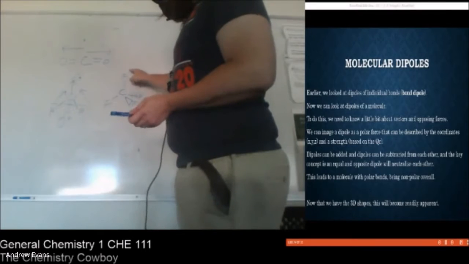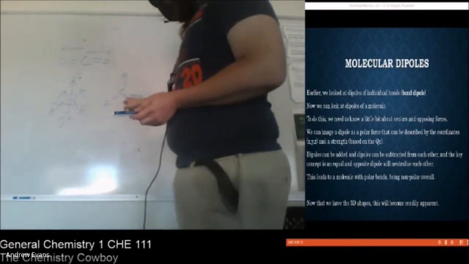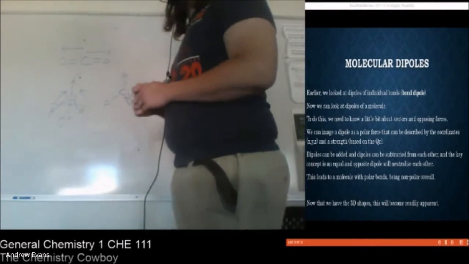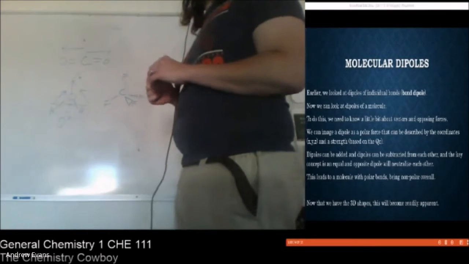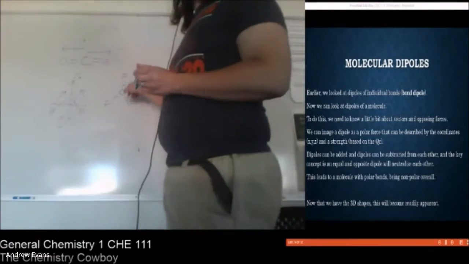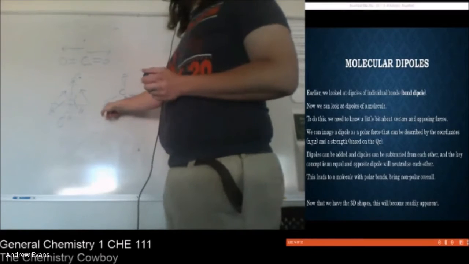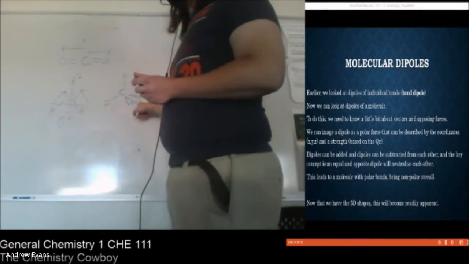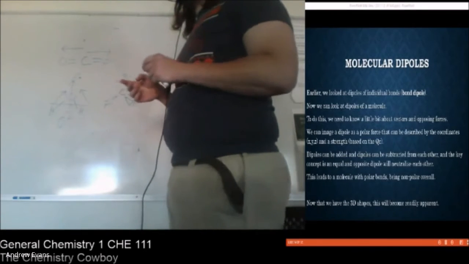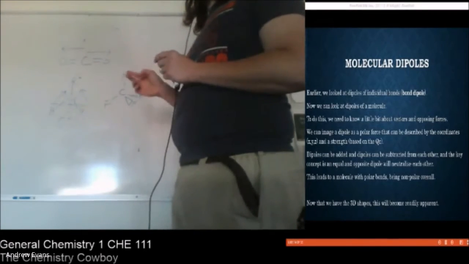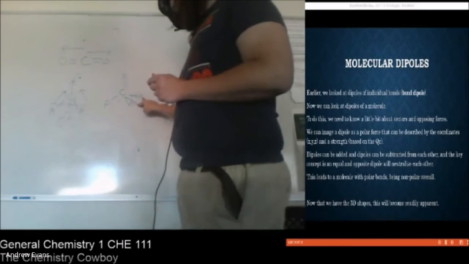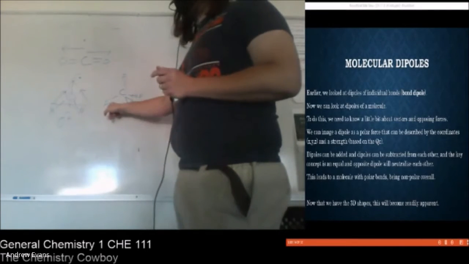So even though this one's pulling up and there's three pulling down, they're pulling down at such an angle that they add up to cancel out the up. I have one pulling left, but these are pulling right, two pulling right, but they're pulling right at a lesser angle. And so these two lesser angles add up to the one pulling left.